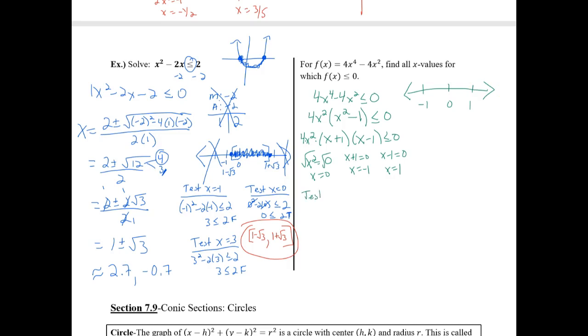So I'm going to test something less than negative 1. How about x equals negative 2? Plug it in: 4 times negative 2 to the fourth minus 4 times negative 2 squared. I want to know if that's less than or equal to 0. So negative 2 to the fourth power is going to be positive 16, and positive 16 times 4 is going to be 64.